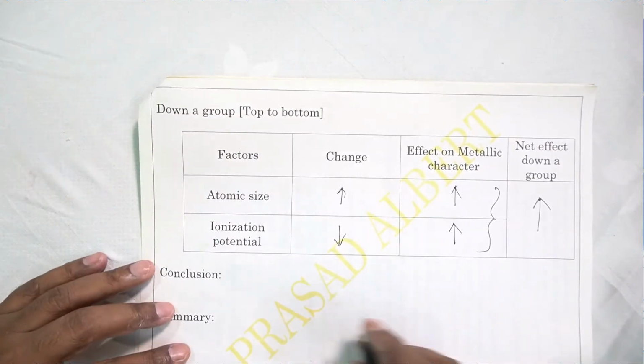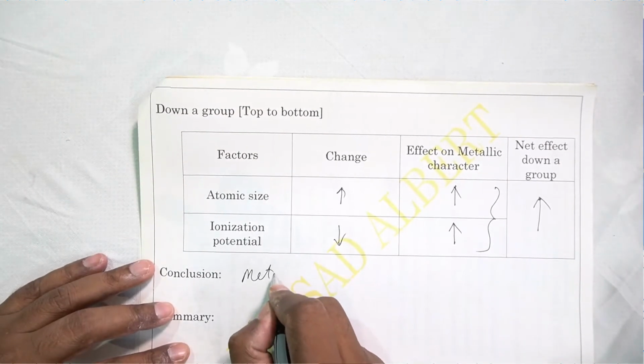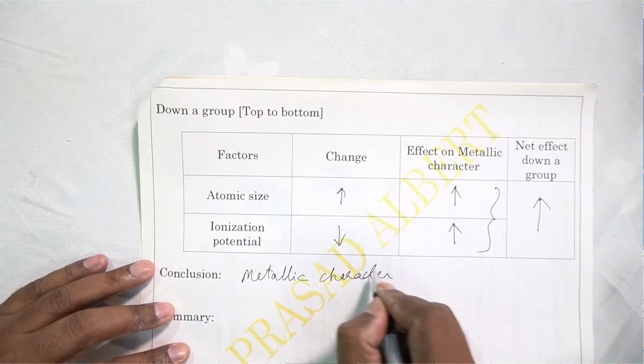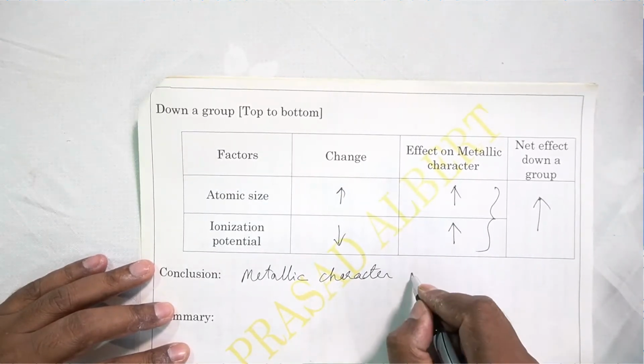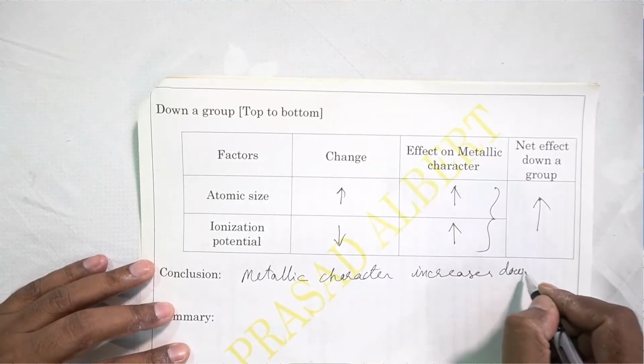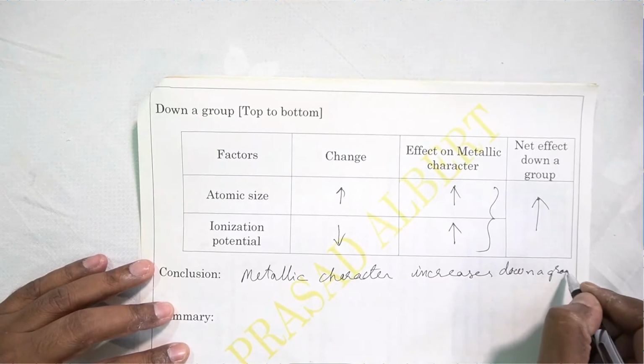Okay. So what is the conclusion? Metallic character increases down a group. Okay.